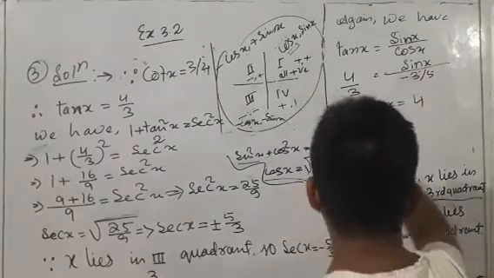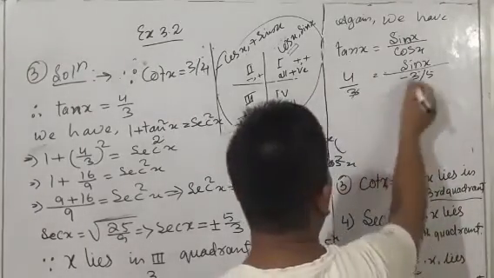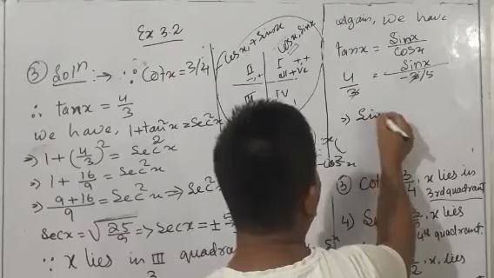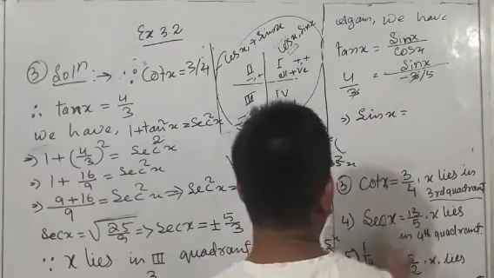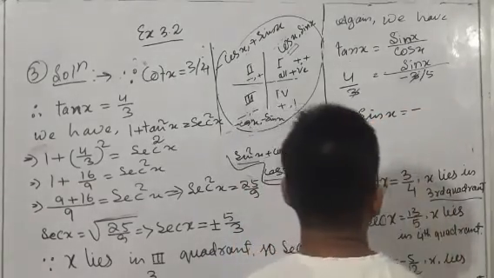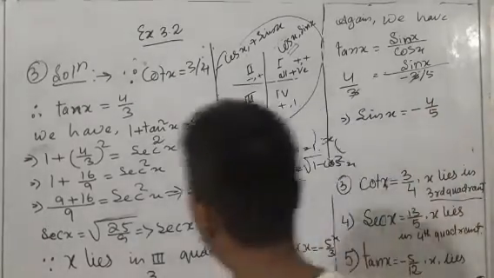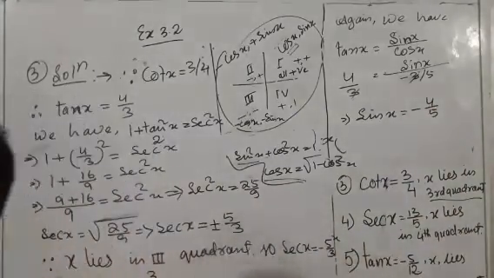Now we can cancel here directly. 3 and 3 cancel, correct? Then what is that? Sin x equal to how much? It will be minus 4 by 5. Minus 4 by 5.